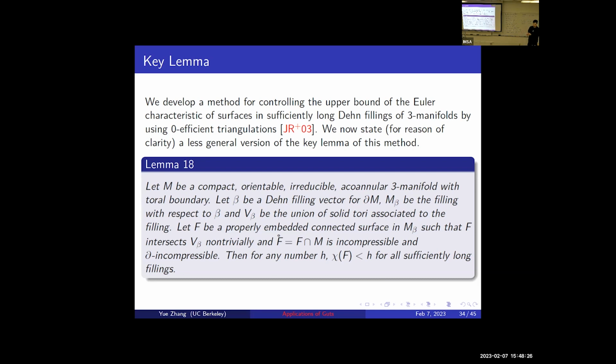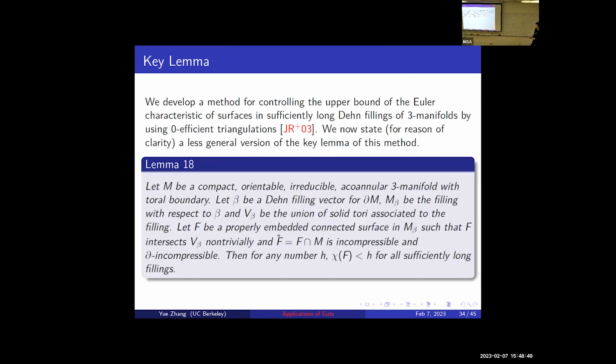This can be used to prove some theorems related to Thurston norm, because the Thurston norm cares about the Euler characteristic. Also, you can prove some tautness of a sutured manifold, and you can even prove some theorems related to link complements, and I will show that later.